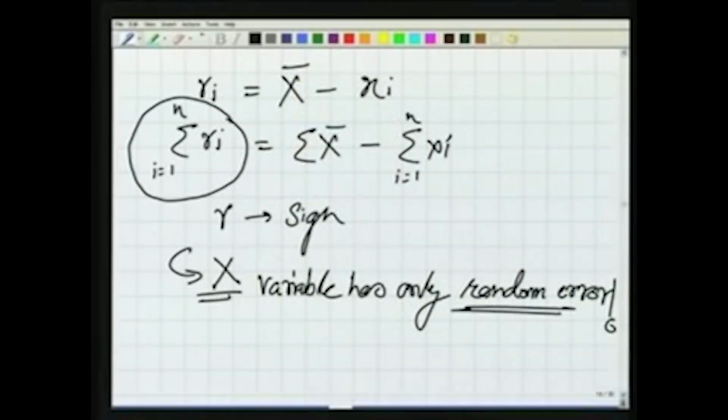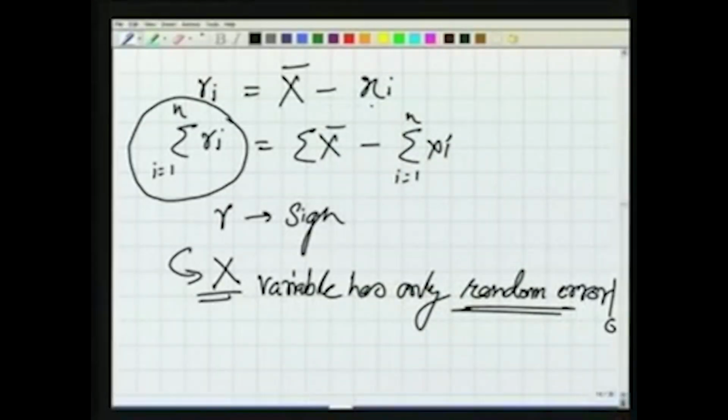We have already eliminated the blunders. We have taken care of the systematic error from the observations, and our observations have got only the random error. Only in that case we are saying that the most probable value will be the arithmetic mean, and this is what we are going to prove. And only in that case we are defining the residual, which is the most probable value minus the observation.